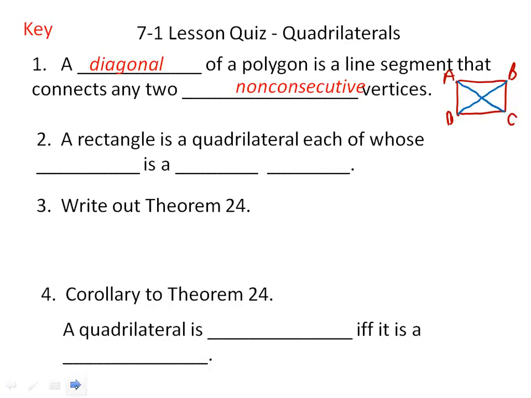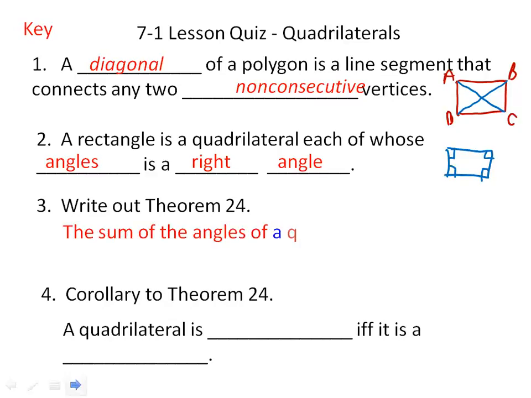A rectangle is a quadrilateral, each of whose angles is a right angle. And I think you know that. So there's your rectangle with the right angles. Theorem 24 is going to be a new theorem here. And this is one thing you're going to find in Chapter 7, is that there's a lot of stuff that we're going to prove that are things that you already knew from experience. The sum of the angles of a quadrilateral is 360 degrees.